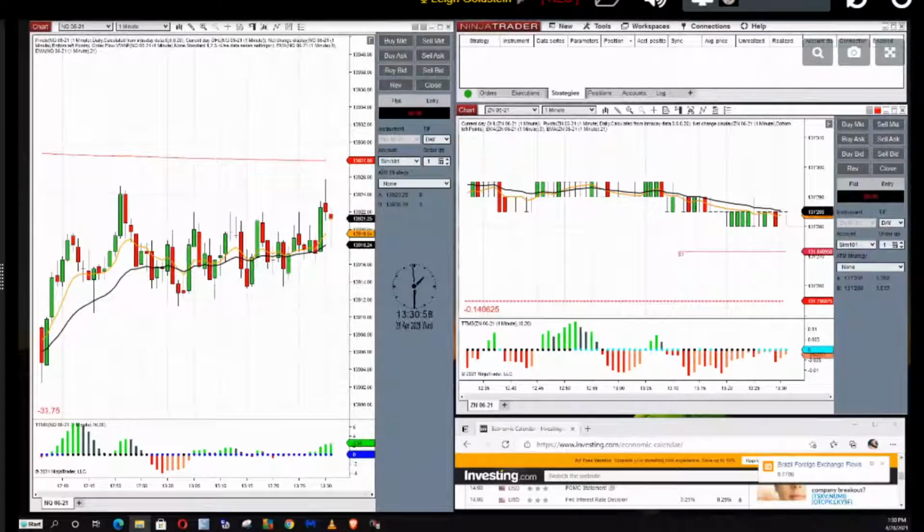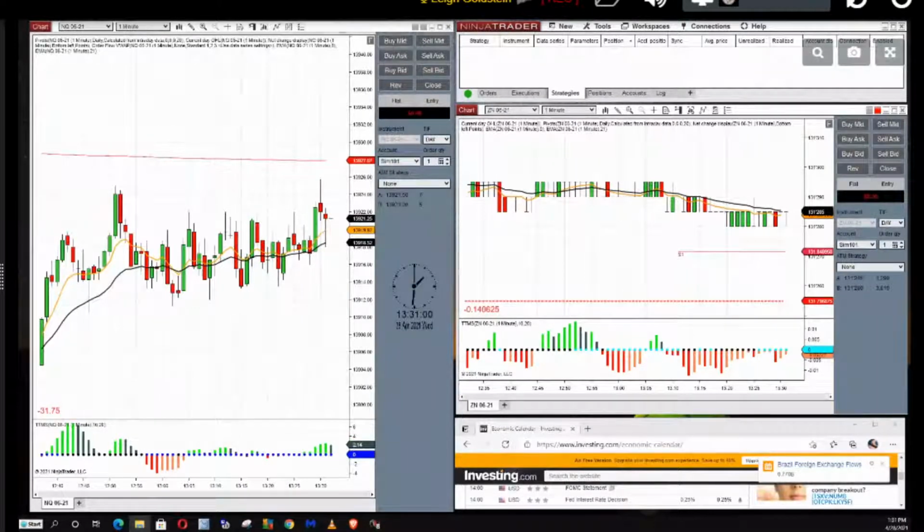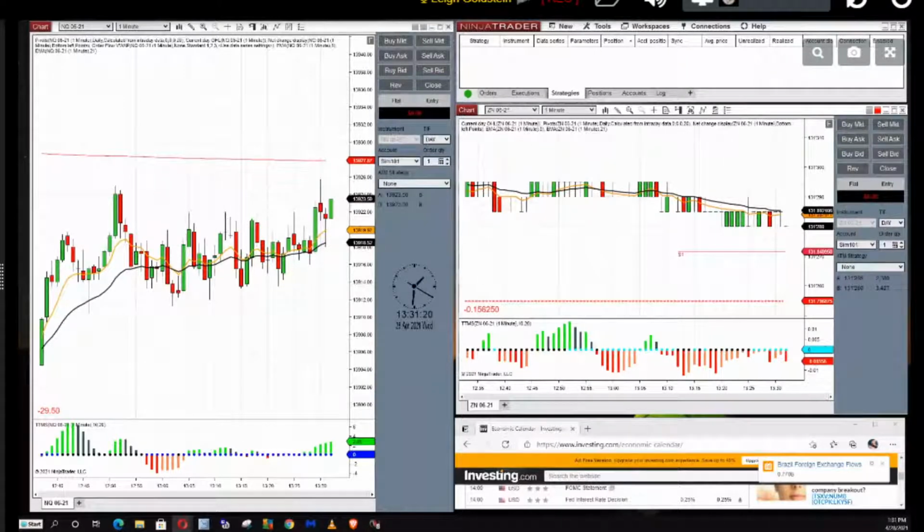Part of the other issue is we have been trying to trade it as a reversal, and it's been working as a breakout. Anyway, this is going to be a little bit tricky today, I think, because the markets are so much more volatile than they were the last time.